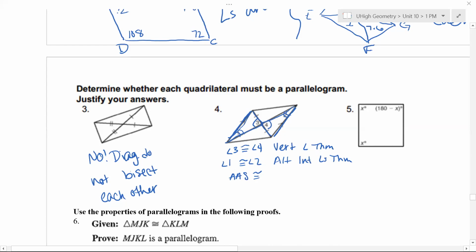And so now I can say in my other diagonal that each of the halves of my diagonal are congruent by CPCTC. So I can say yes, this is a parallelogram because the diagonals bisect each other.